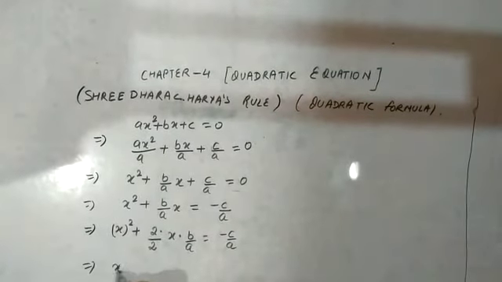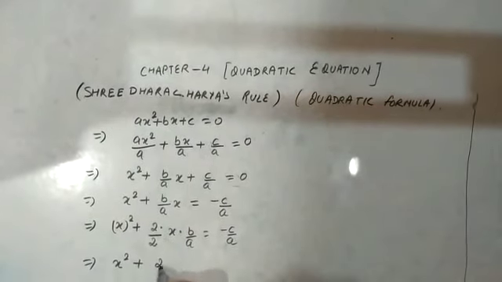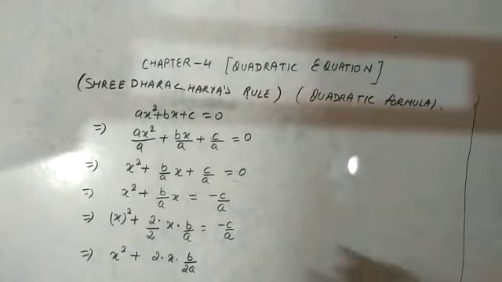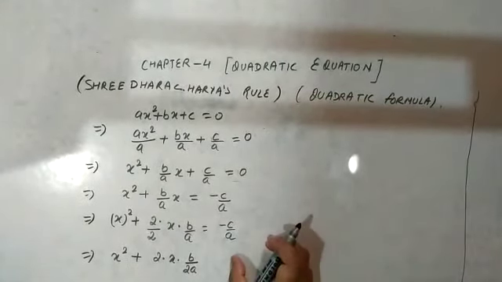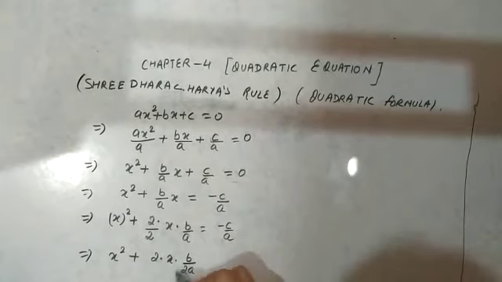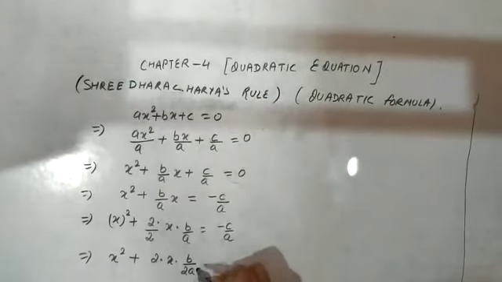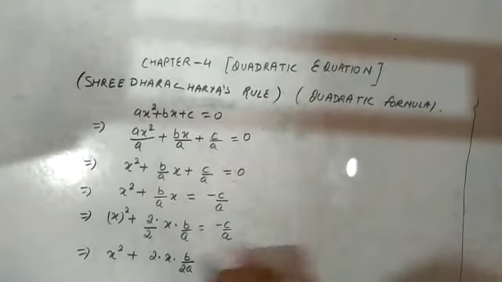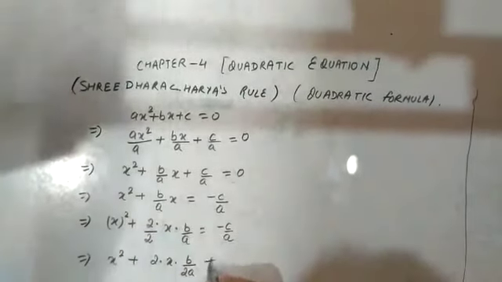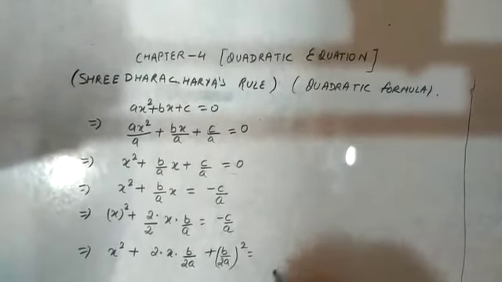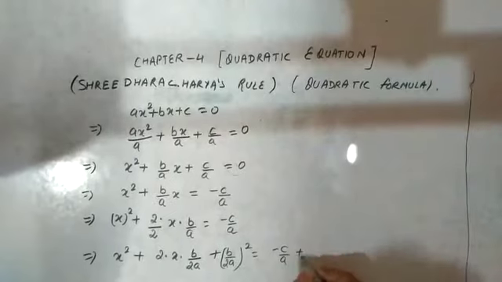So now x square plus 2 into x into b by 2a is there. What we were doing earlier, b by 2a is there, so we will add the square of b by 2a on this side as well as on that side. So adding b by 2a whole square this side and this side also.